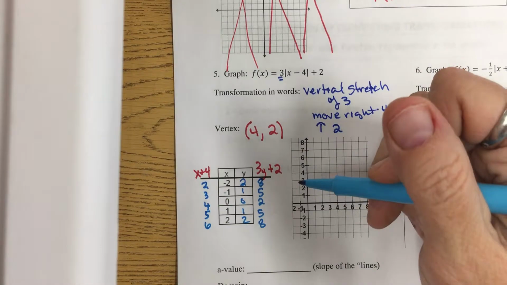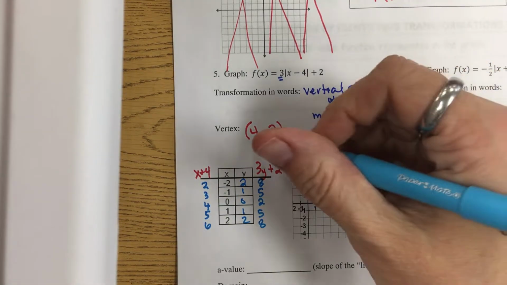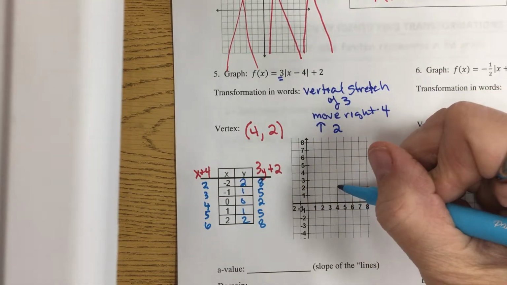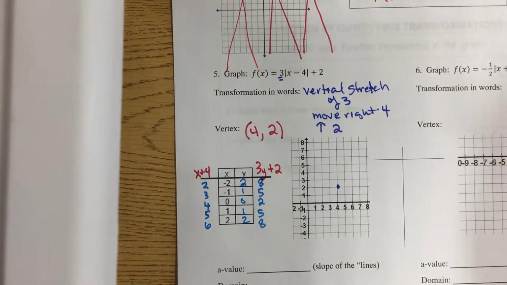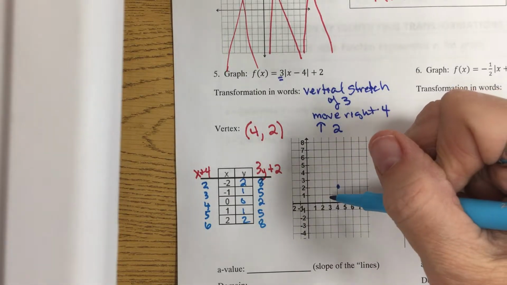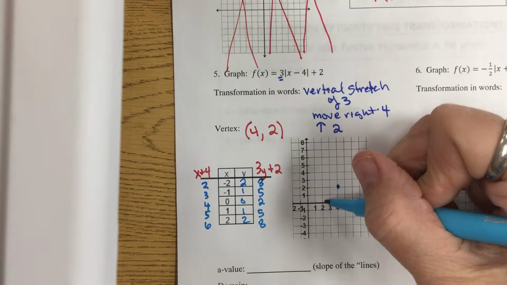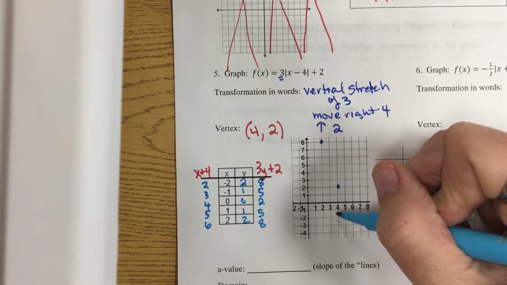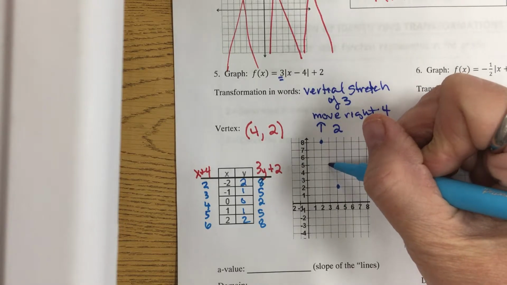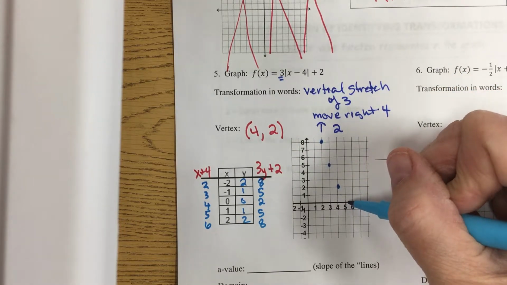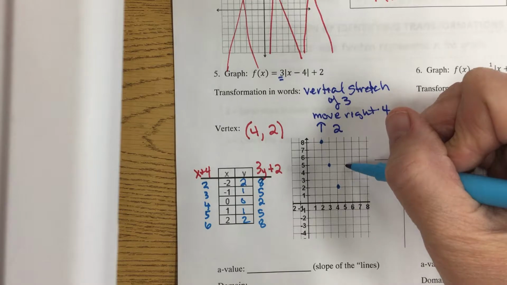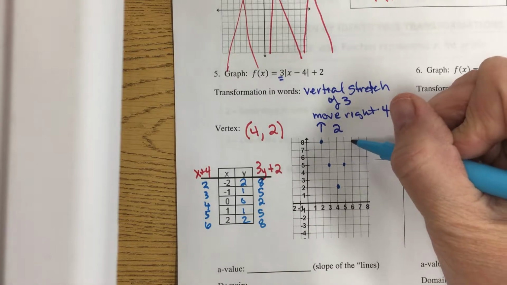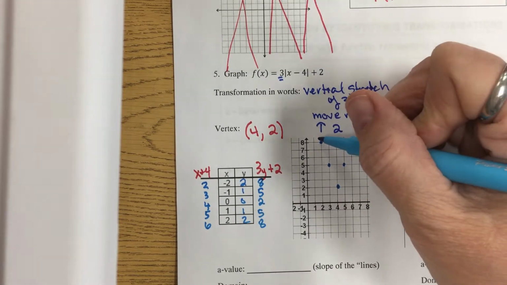So then I plot my points. So my vertex is 4, 2, so I go 4, 2. Then I say my point is 2, 8, so 2, 8. Then it says 3, 5, and 5, 5, and 6, 8.